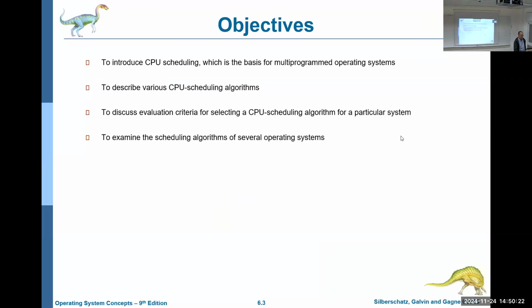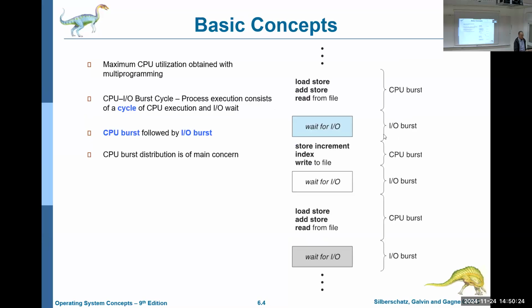So let's get started. Objectives, you can read on your own here. The basic concept that you have to know here is that there's such a thing as a CPU burst and then an IO burst. If you think about what a computer does, it runs, doing calculations, then it asks for some input from the user, or it asks to read from a disk, and then it waits for the user to type something.